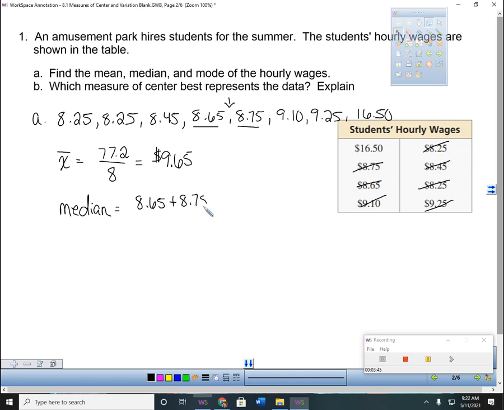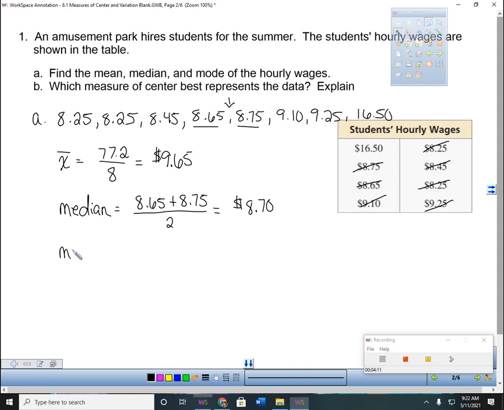I cannot stress enough that if you have an odd number, it would be whatever number is right here. You wouldn't have to average. You only have to average the two numbers in the middle when there's an even number of terms. So I'm going to add those together and divide by 2, and that gives me $8.70. That's the middle of my data set.